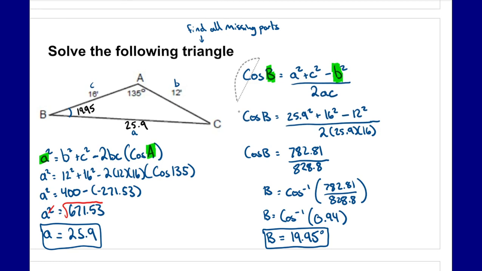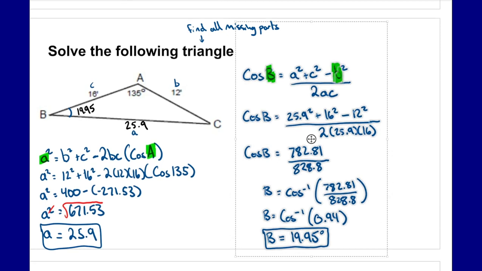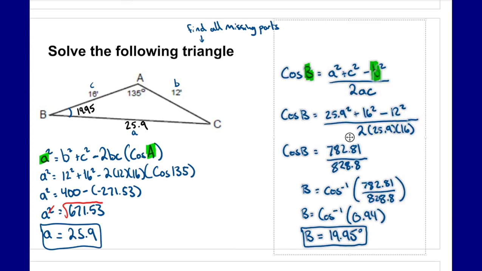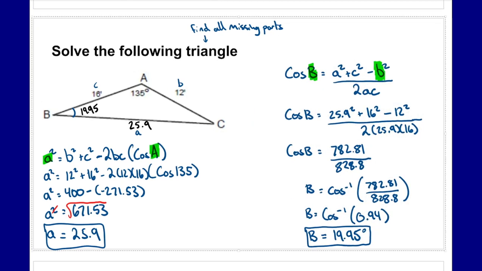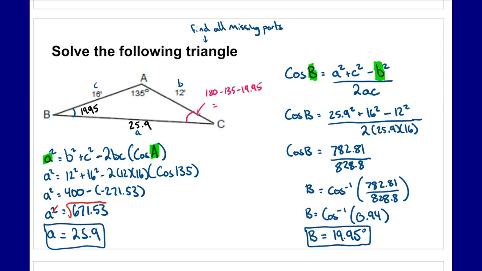So that's finding a missing angle using the cosine law. Now, if I want to find my other missing angle, angle C, I could go through and do a cosine law again. However, it's really quite straightforward now, because I can do 180 minus 135 minus 19.95 and get that missing angle of 25.05 degrees.